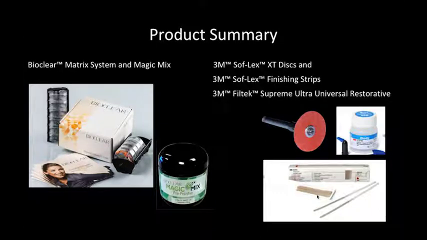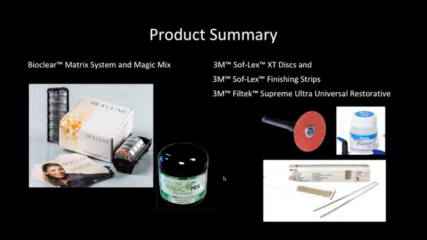Okay, so just a quick review of some of the products that we talked about. I know I just briefly touched on the BioClear Matrix system, and then we talked briefly about the Magic Mix, which is part of our Rockstar Polish routine. And the main focus for this webinar was to talk about that middle zone of our treatment sequence, when we're doing the shaping and sculpting of our restorations.